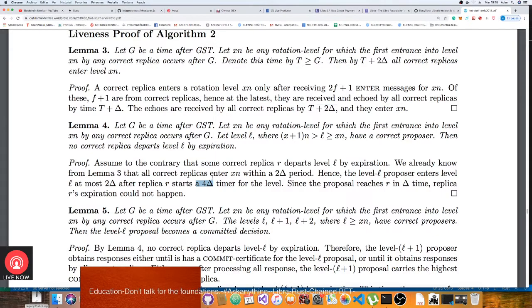So in other words, this lemma 3 was correct for the time. So if the level proposers enter in another lemma with another timer for the level, this will respect that the replica expiration could not happen. So it's a thing for speculation that could happen.